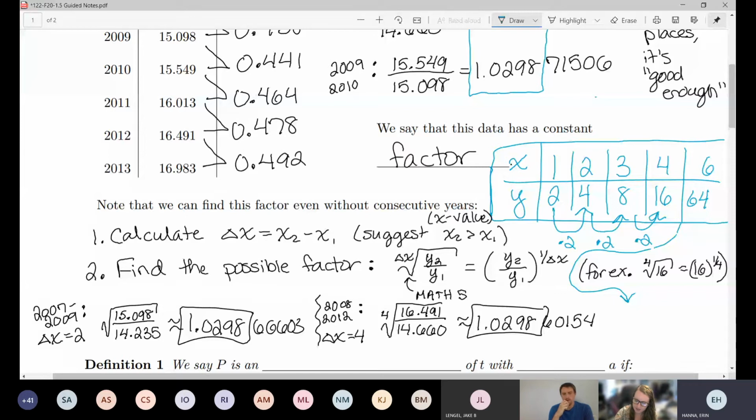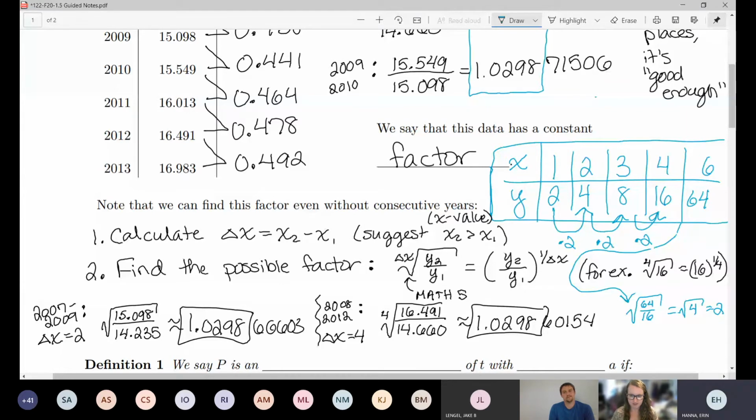If we take the square root of 64 over 16, because 6 minus 4 is 2, well, 64 divided by 16 is 4. The square root of 4 is 2, which matches the number that we thought we were multiplying the y values by. So hopefully between those two examples, the one somewhat gross and the other easier to see, that makes sense.